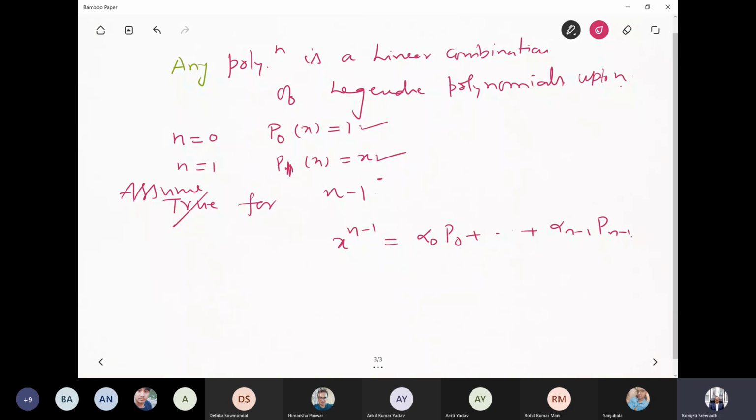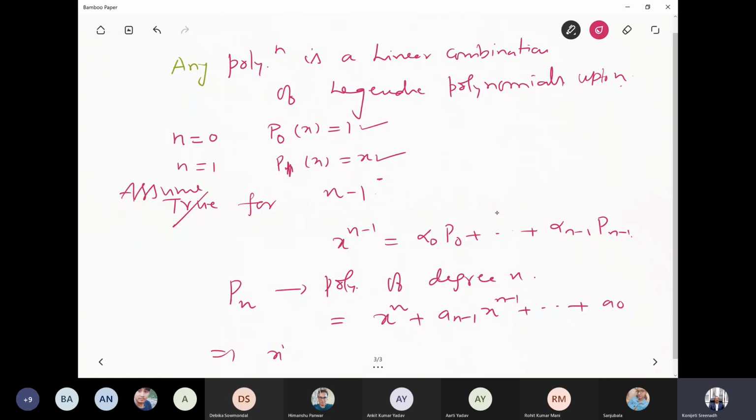Now I have to do this for x power n. So what is Pn? Pn is a polynomial of degree n, right? That means that it is written as x power n plus a n minus 1 x power n minus 1, like this, down to the constant term.